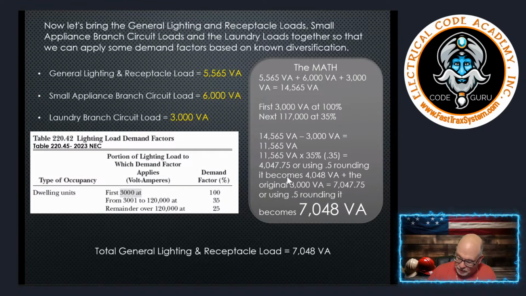So out here, I'm going to put a big N on the right side of my form, and I'm going to write that out here to the side. I'm going to write 7,048 because all of those loads we just talked about are all neutral loads, right? So that's most certainly going to be used in our calculation for the neutral. So I'm just saving me some time, that's all.